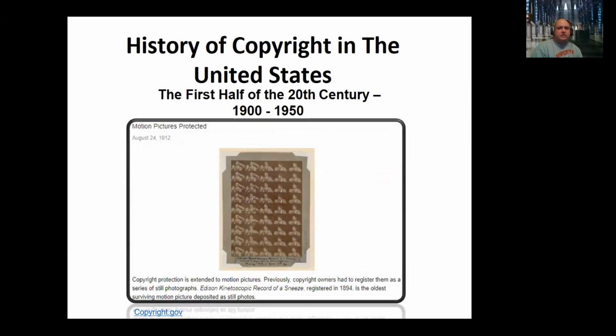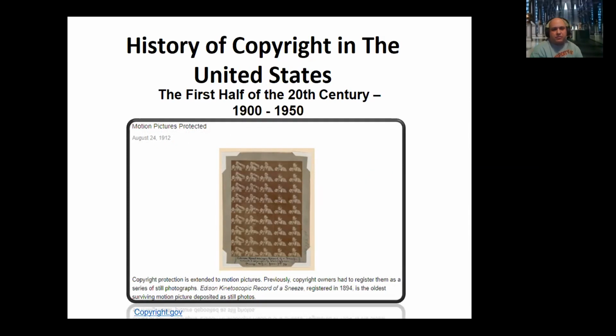So here we begin to see, and this is August 24th, 1912, an image of an Edison kaleidoscope record of a sneeze. Doesn't look like much, but it's actually the very first of what they considered motion pictures. The picture is registered in 1894.